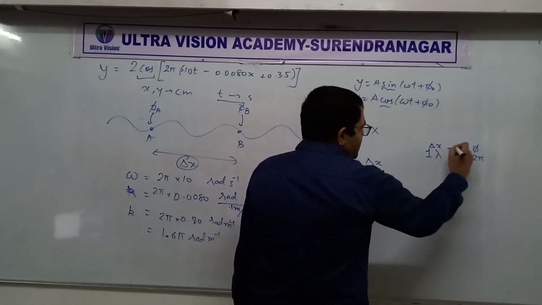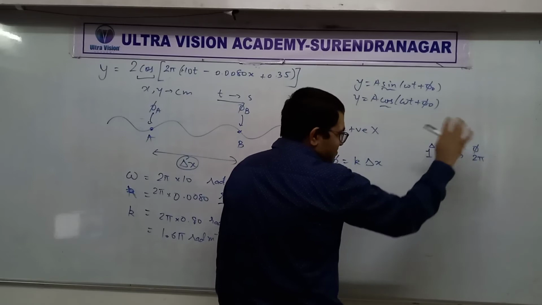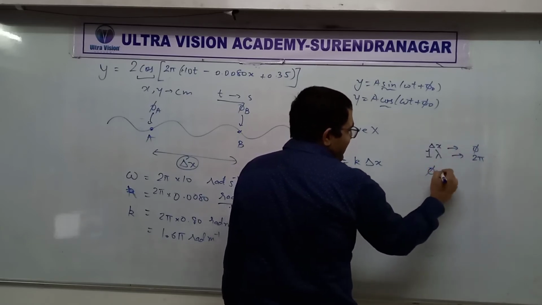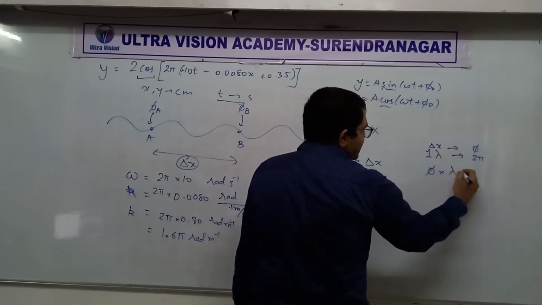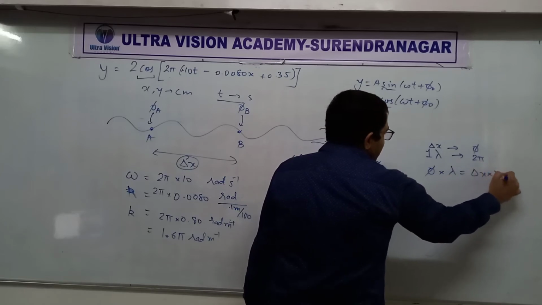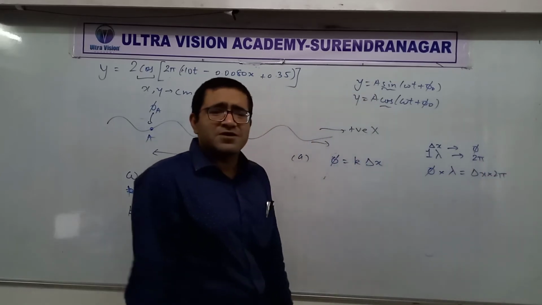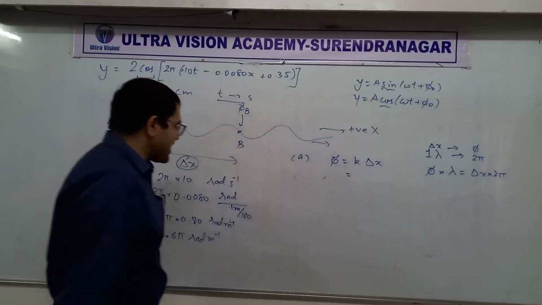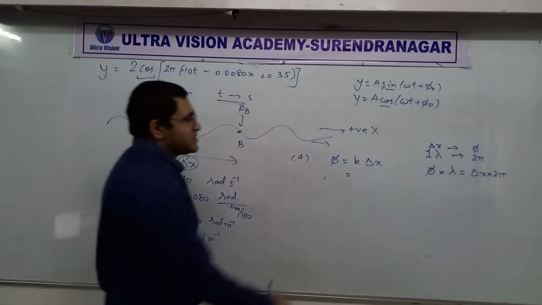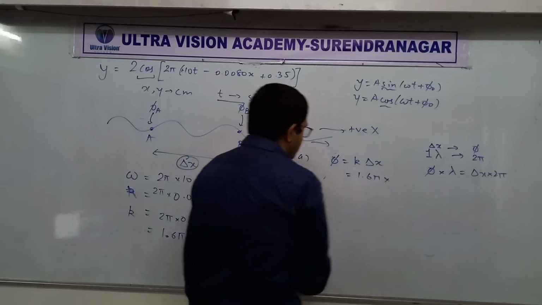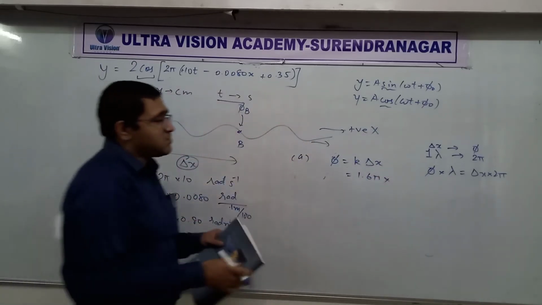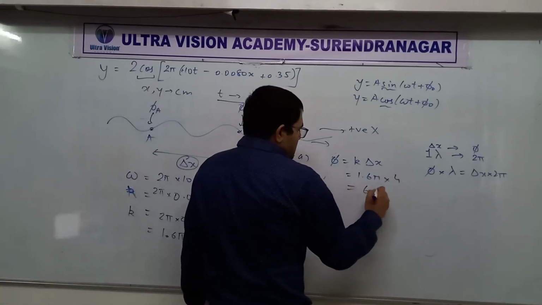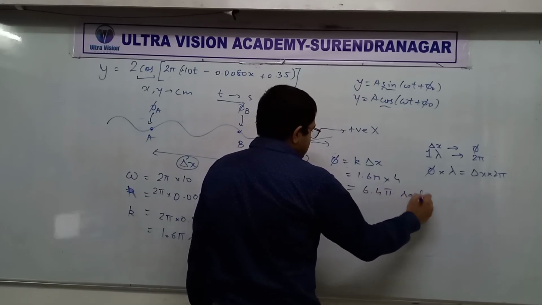Or you can also get the formula just by cross multiplying here. You get phi into lambda equal to delta x into 2 pi. And you can have the satisfaction of deriving the formula. Anyways, coming back to this. So K into delta x, so 1.6 pi into, what's delta x in the first one? 4 meter. Oh no, such a tough question this, isn't it?